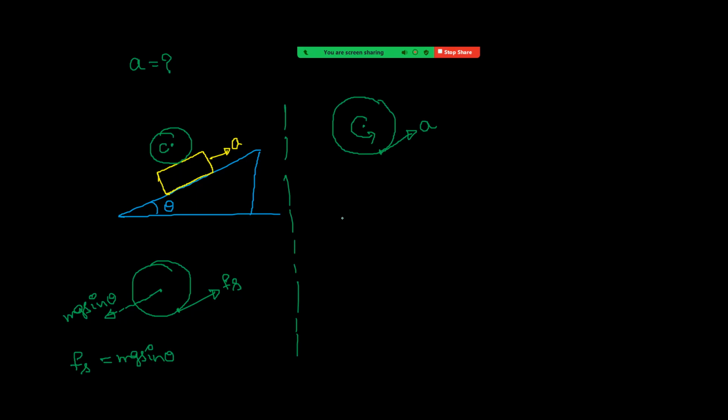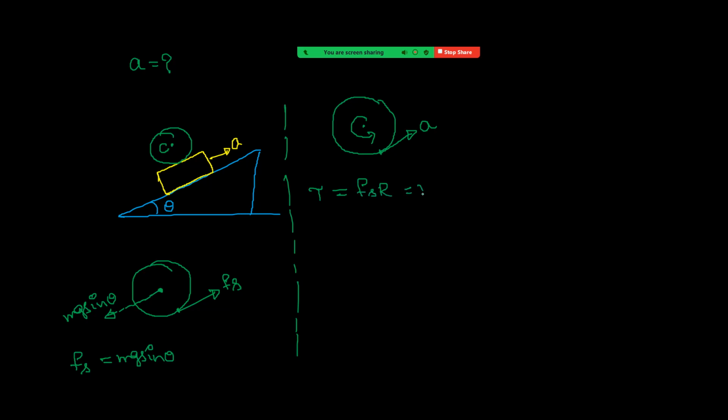That means first focus on torque. Take the torque equation about the center of mass. Because of gravity and normal reaction, there is no torque. Torque is only because of friction. So the torque on the cylinder about the center of mass is Fs into R.